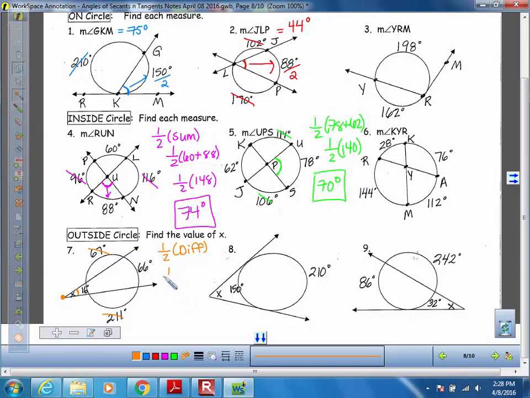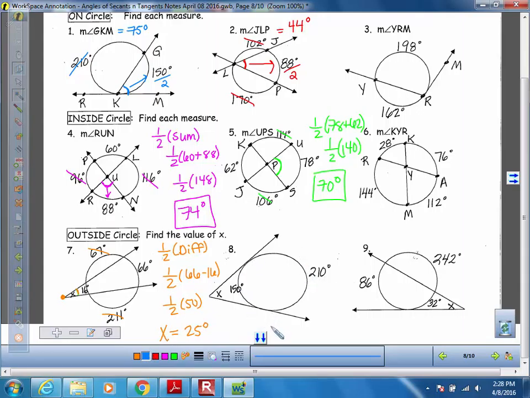So that means I'm going to do 1/2 of, do I do 66 minus 16 or 16 minus 66? 66 minus 16. So that would be 1/2 of 50, and half of 50 is 25 degrees.